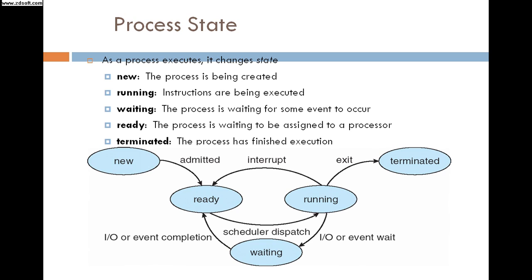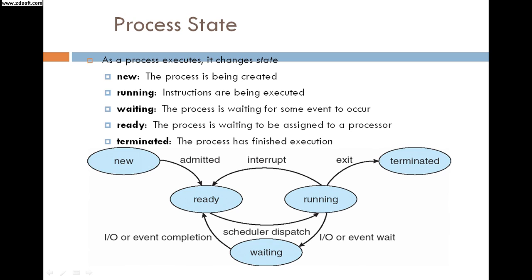At any point of time, the process will be in any one of five states: new, ready, running, waiting, and terminated. If a new process arrives into the system, it is put into the ready state, where the process waits to acquire control of the CPU for execution.